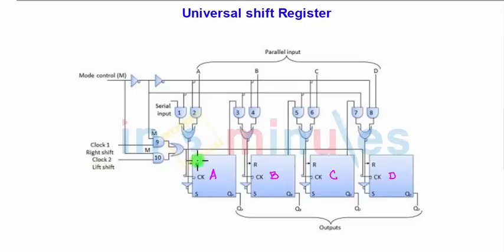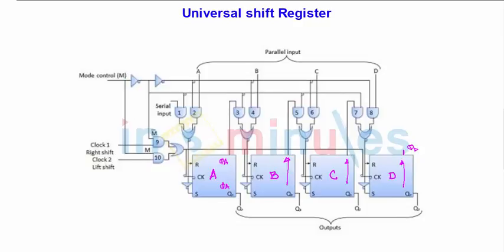Since the RS terminals are shown, these are the SR flip-flops which are converted to D. The outputs of the particular flip-flops are shown here: this is QA, same way this is QB, QC and QD. These are the parallel outputs taken here also. This will be required when we see the shift left, shift right and the parallel loading operations.